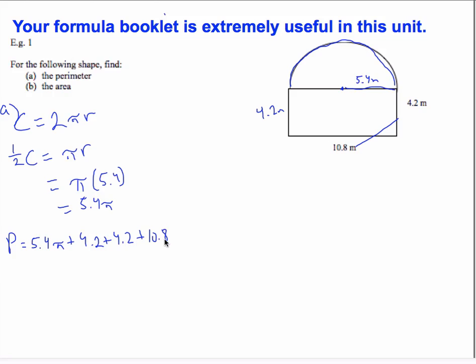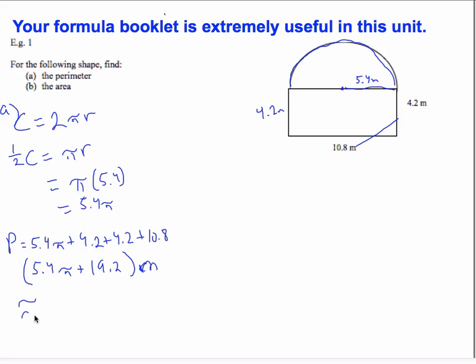Okay, that's going to give us 19.2, so that's 5.4 pi plus 19.2, and that's perimeter, so it's in meters.